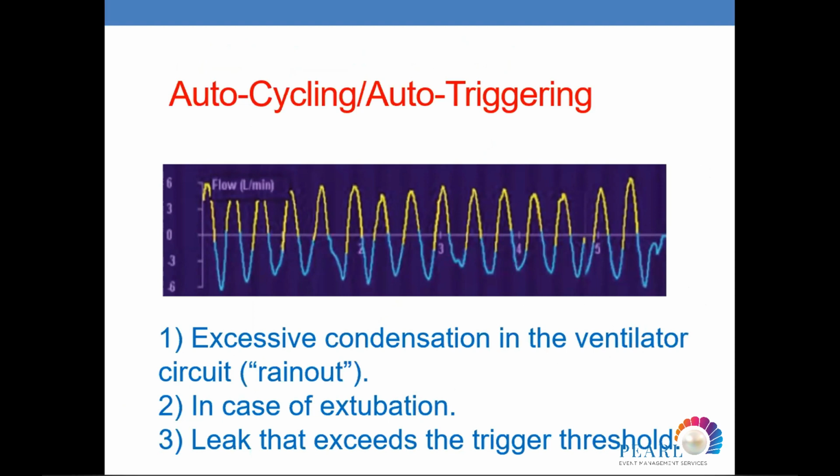Now, another important point, and I think this is the last point before ending, is the auto-cycling. And this is very, very crucial. Auto-cycling or auto-triggering: sometimes there will be water condensation in the ET tube. This water moving in the tubings can sometimes generate some negative suction, negative pressure, negative flow, and this can trigger the machine.